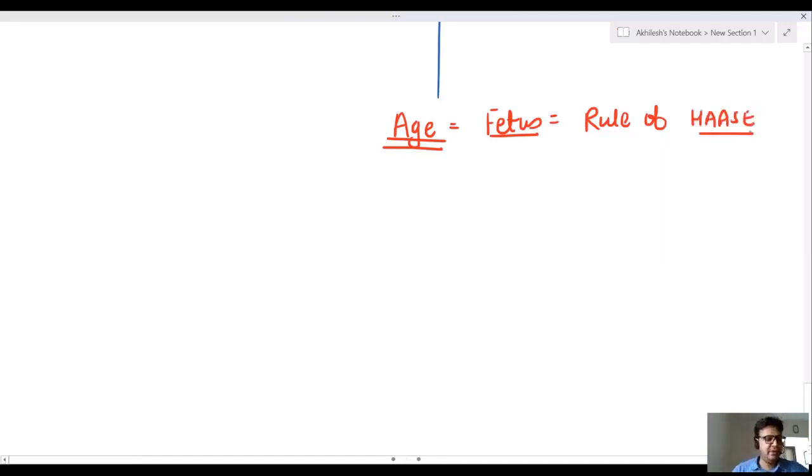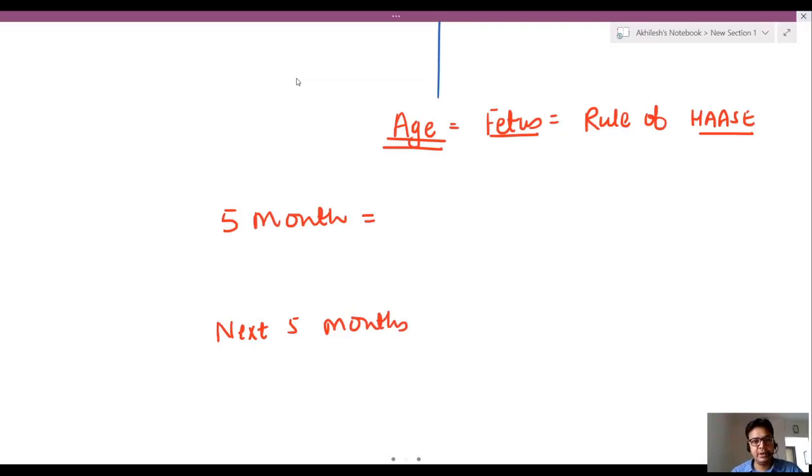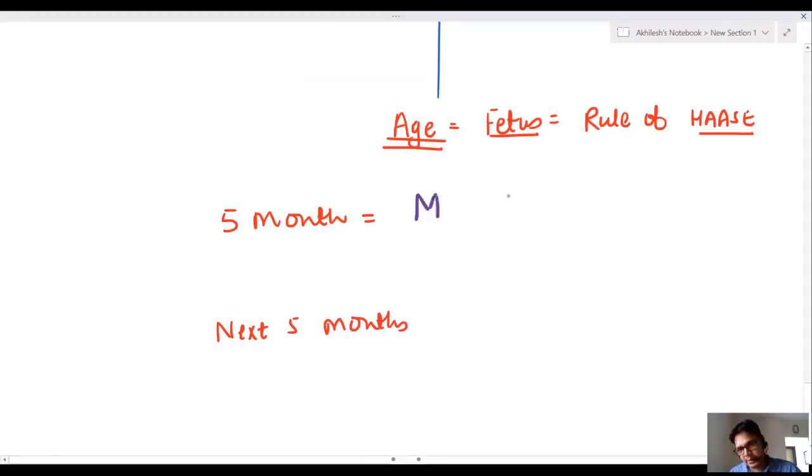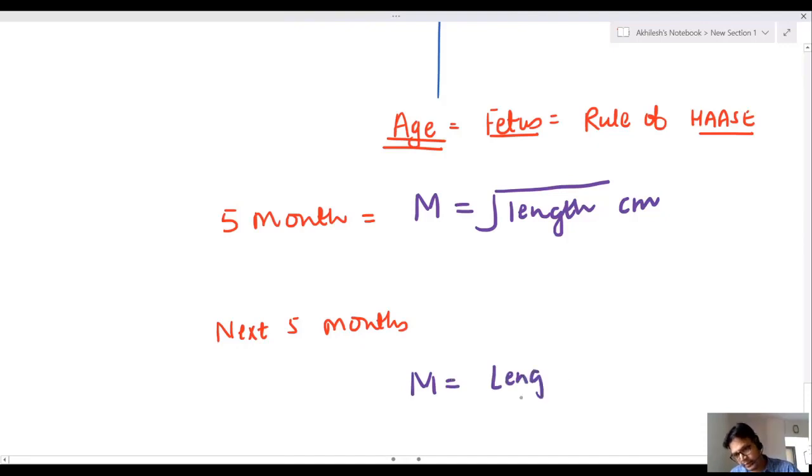For the first 5 months, age of fetus in months is equal to the square root of length in centimeters. For the next 5 months, month is equal to length divided by 5 centimeters. I'm just giving an example.